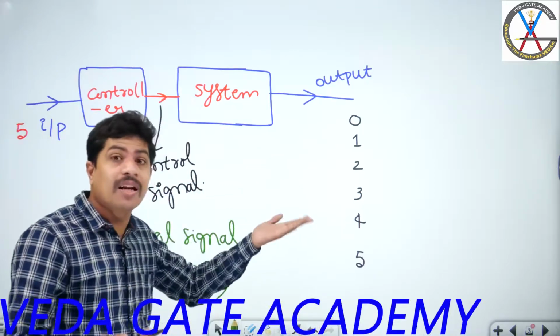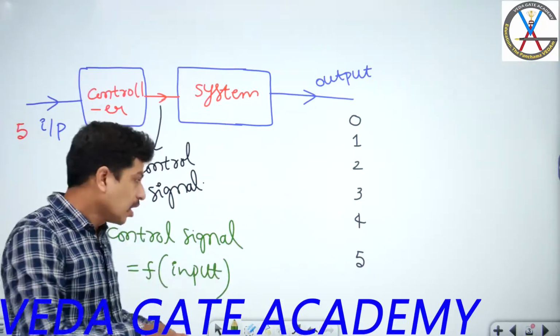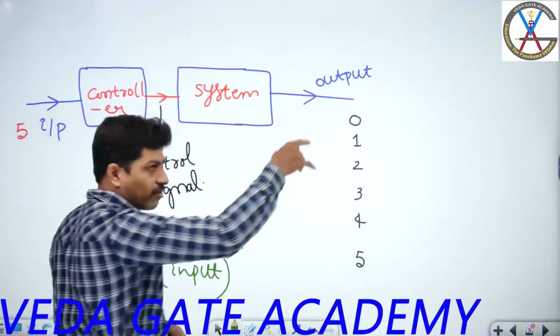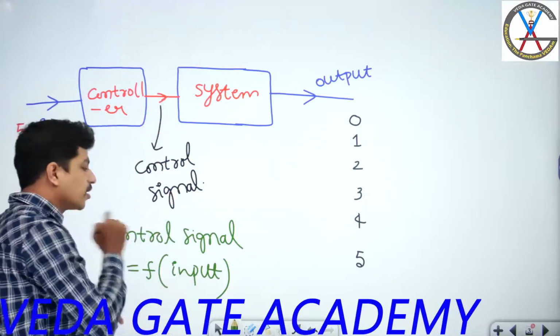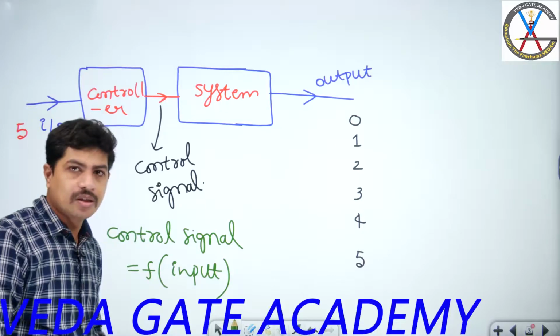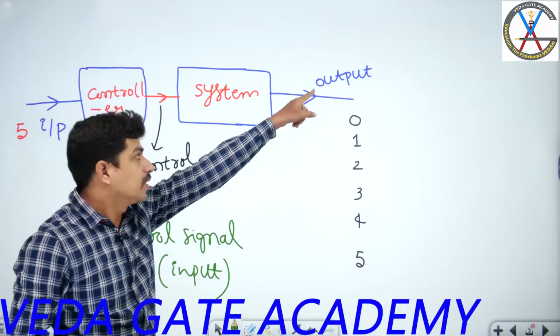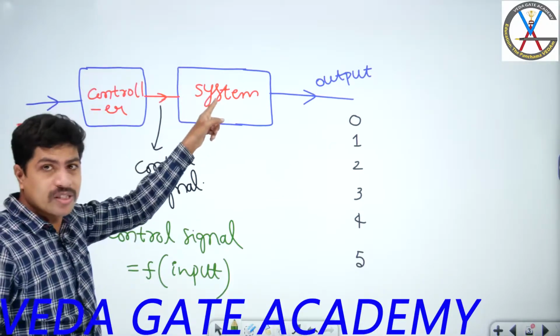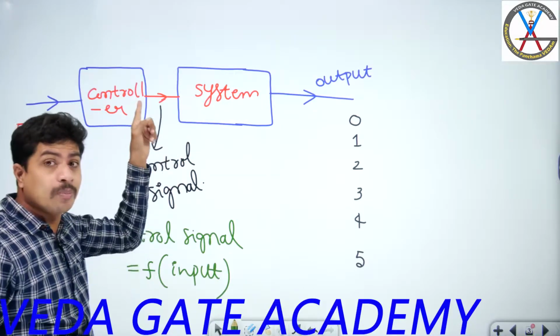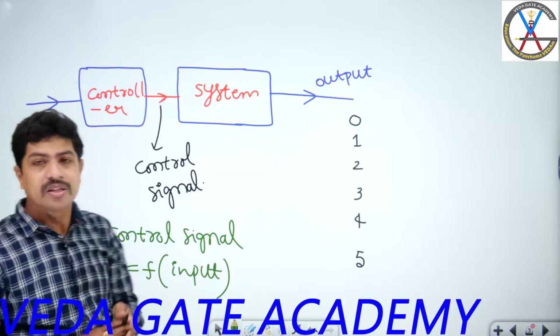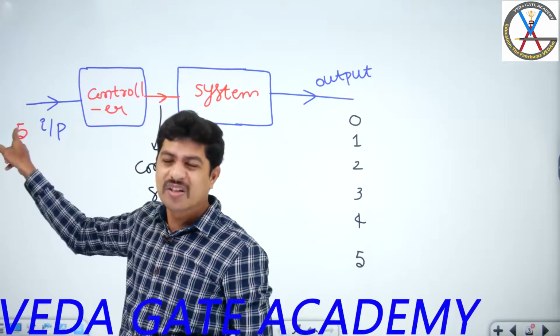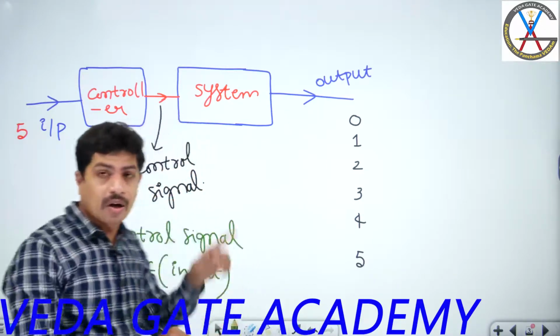The output of the system will be 0 if the control signal is 0. What is the input to this system? The control signal. What is the input to this controller? The input. If this is absent, if this is 0, then the control signal will be 0.